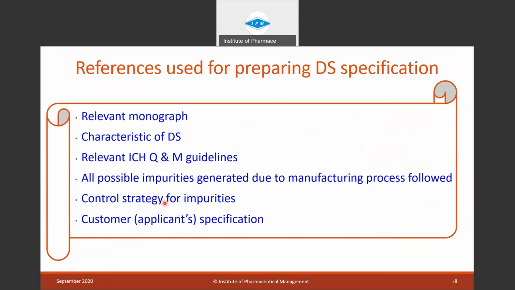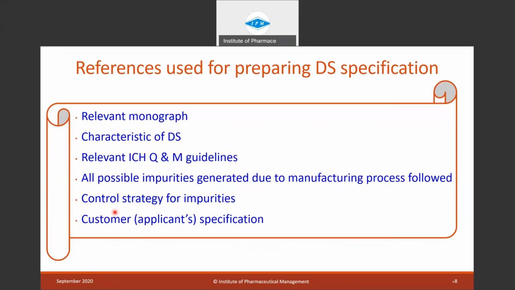That means where to control these listed impurities, at initial stage or at intermediate level or at final drug substance level. That control plan would be prepared by research people, and based on this specification would be finalized.